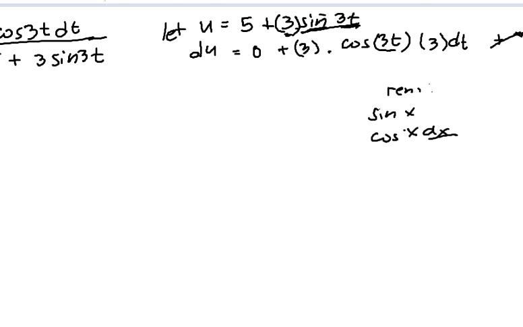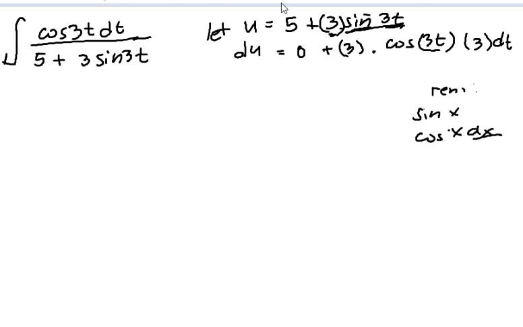Okay, going back, let's simplify. The du is equal to 3 times 3. We have 9 cosine 3t dt.